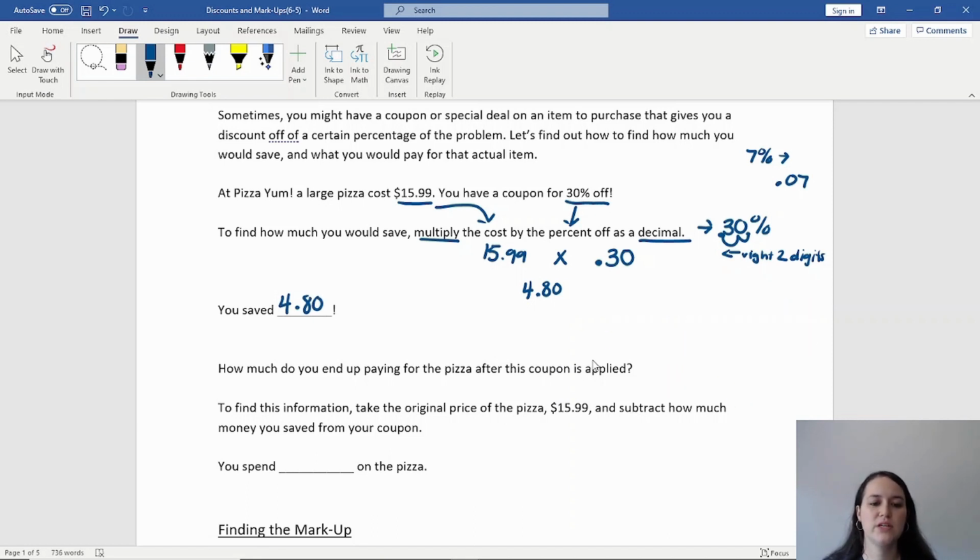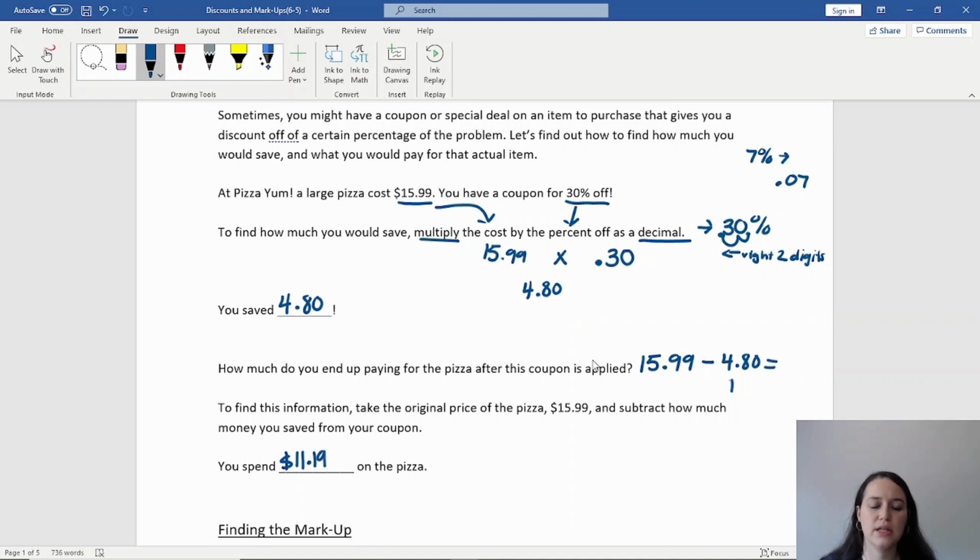So how much do you end up paying for the pizza? After you take this $4.80 off, how much are you actually going to spend? You have $15.99 minus your $4.80. So let's see what that is. $15.99 minus $4.80 equals $11.19.